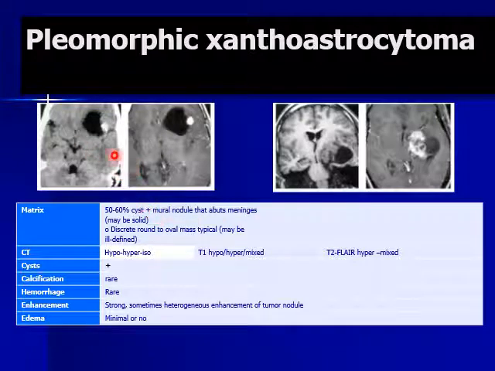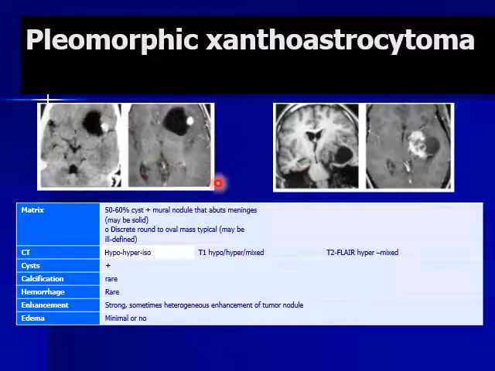Usually, the tumor is composed of a cyst and an enhancing nodule. The nodule is seen abutting the pial surface of the brain. The nodule can be homogeneous or heterogeneous like this. Okay? So the matrix is composed in more than half of the cases of a cyst and nodule.